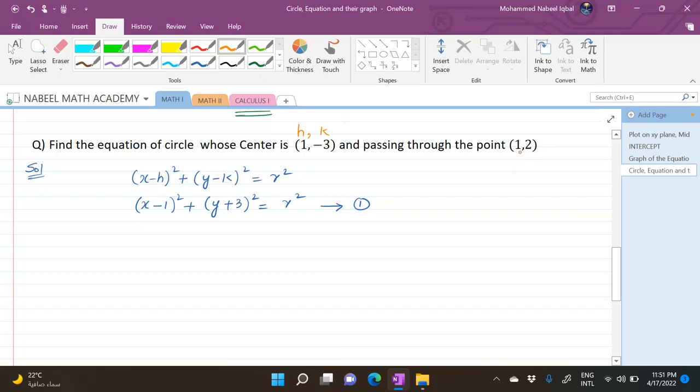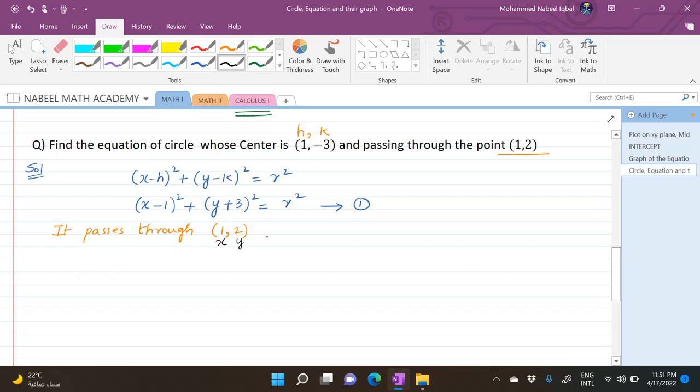Now it says it passes through 1 comma 2. When I substitute, in place of x you substitute 1, and in place of y you substitute 2.